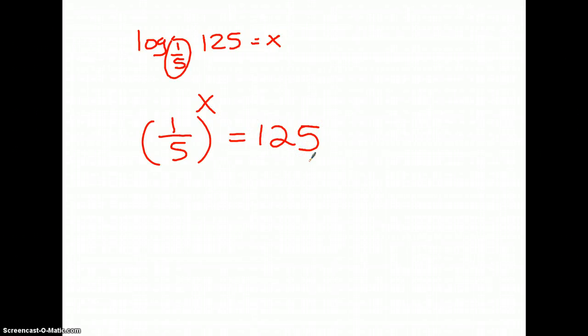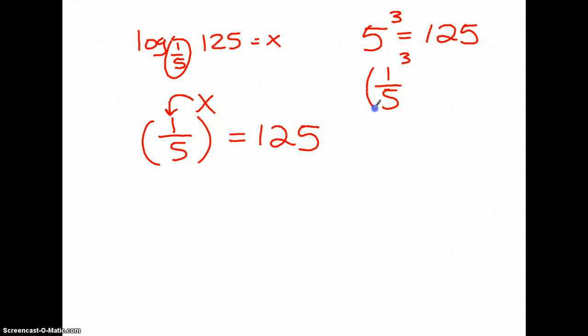Recall back again to the properties of exponents. Whenever you have a negative exponent, it flips the fraction. Okay, so we know that 5 cubed is 125. 1/5 cubed is 1/125.